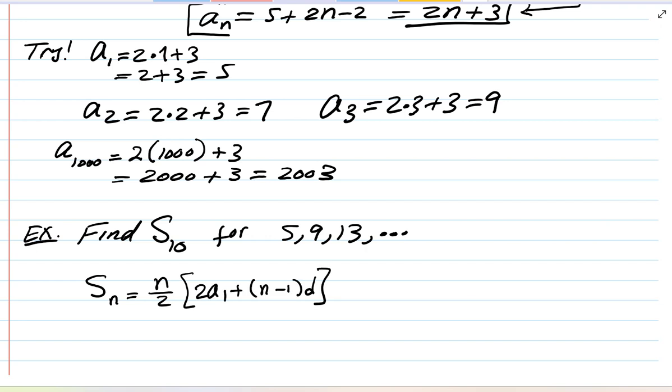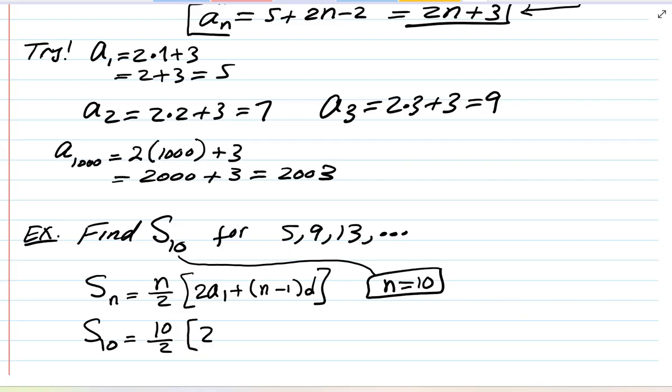The formula: S sub n is n over 2 times 2a1 plus n minus 1 times the common difference. So for S sub 10, n is 10, isn't it? Why? Because that's the subscript on S. So that's going to be 10 halves times 2 times the first term, 5, plus n is 10, so 10 minus 1. And what is the common difference? Subtract the first from the second. That's 9 minus 5, 4.